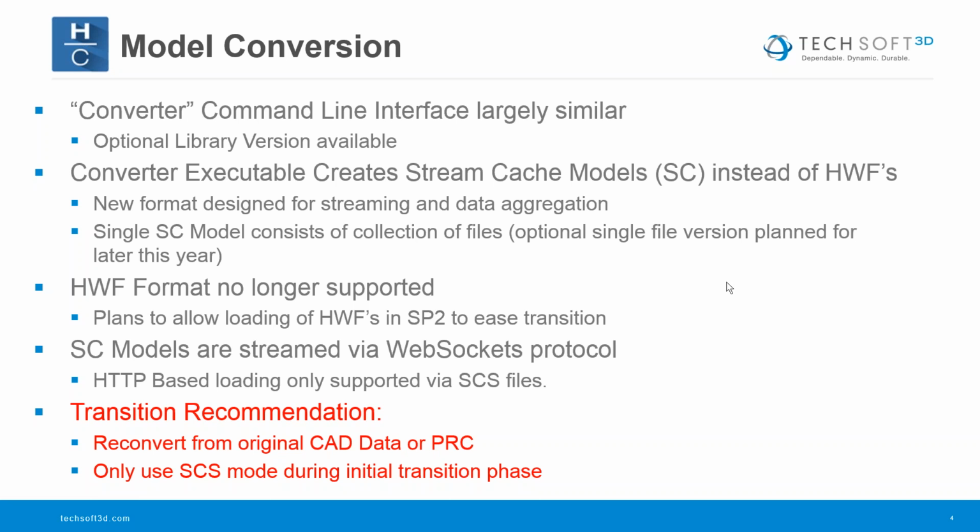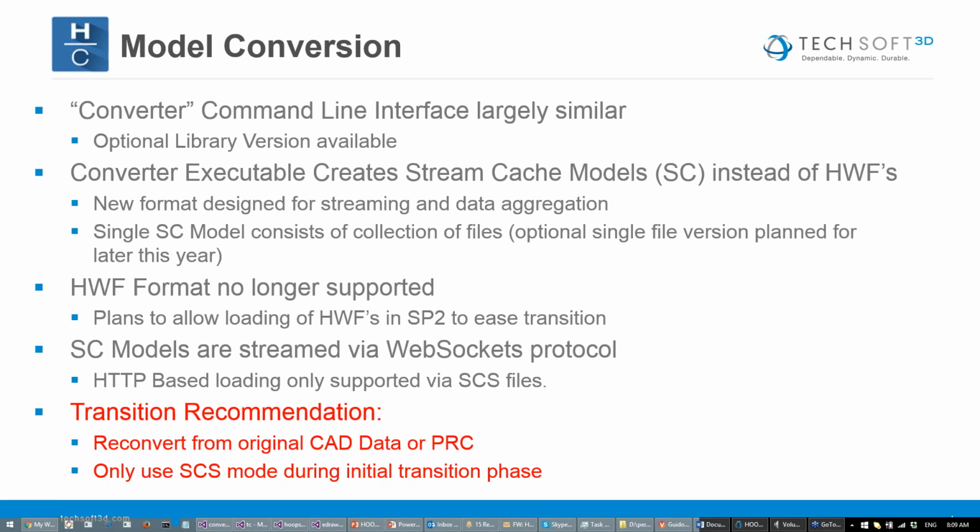The big change is that instead of outputting what we call the HWF format, you are exporting the stream into a stream cache model. And that is this new format that is a little bit at the heart of the new Communicator, and it's designed around streaming and data aggregation. So that is a completely different format. Internally it's not comparable to what HWF was. And it's not even a single file.